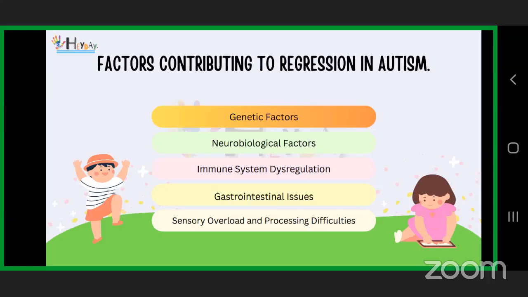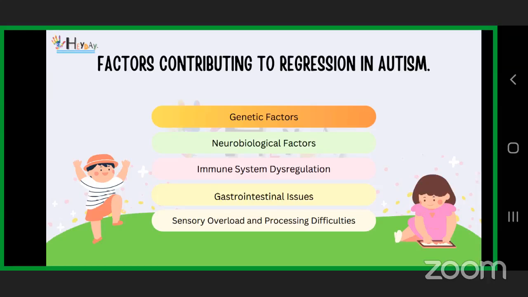Then, neurobiological factors. These are changes in development and connectivity. It may impact various skills and behaviors. We also have environmental stressors such as exposure to toxins, infections during pregnancy, or early childhood stress, which can be potential triggers, as I have stated earlier.